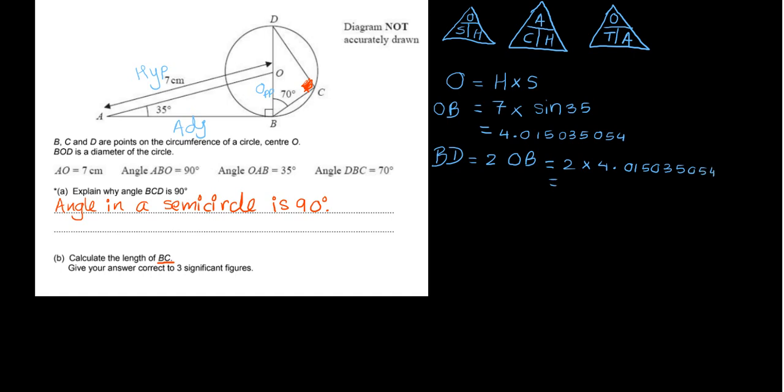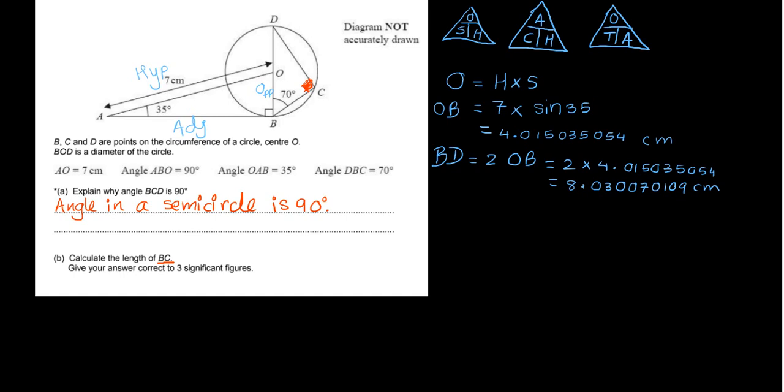Multiply this answer by 2, so that is 8.03007, not James Bond, 0109. Okay, that's BD.